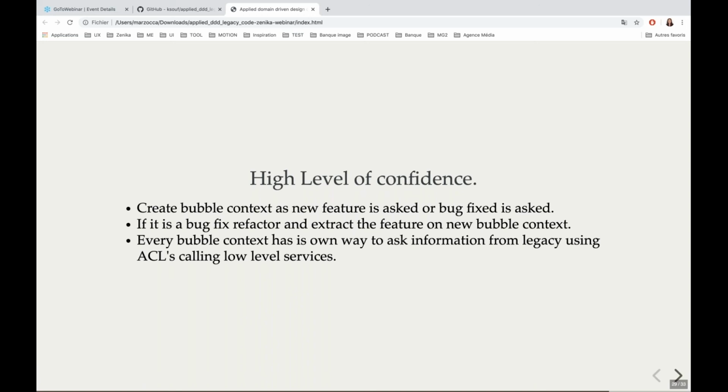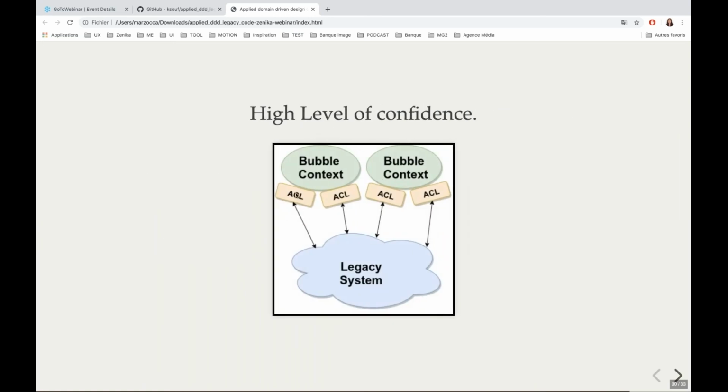In this case, we're going to have multiple anti-corruption layers, but they're really low level anti-corruption layers. So we have less complexity than if we call, let's say, a use case service. The thing about that is sometimes you're going to have some duplication when using anti-corruption layers, and every time we need to call the legacy system, you need to create an anti-corruption layer.